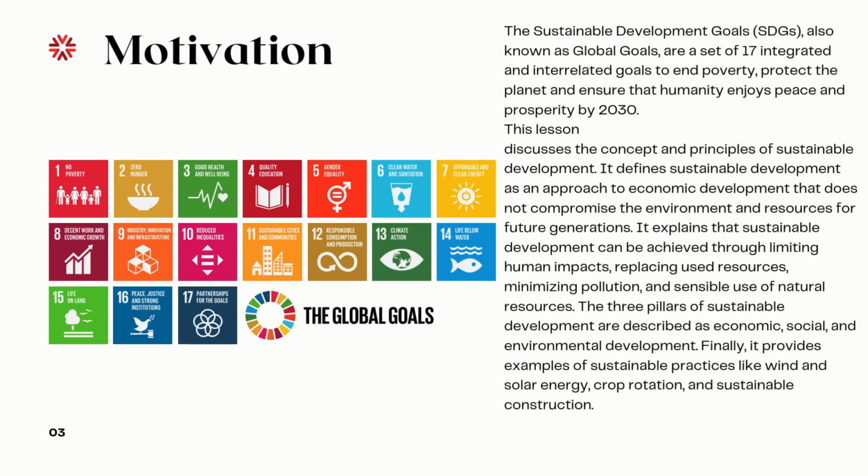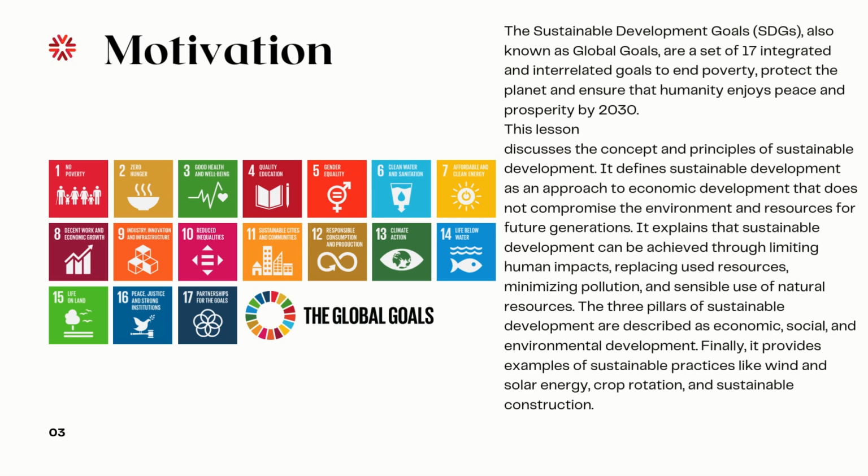It defines sustainable development as an approach to economic development that does not compromise the environment and resources for future generations. It explains that sustainable development can be achieved through limiting human impacts, replacing used resources, minimizing pollution, and sensible use of natural resources.